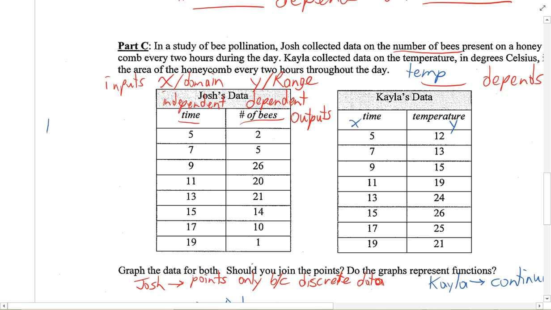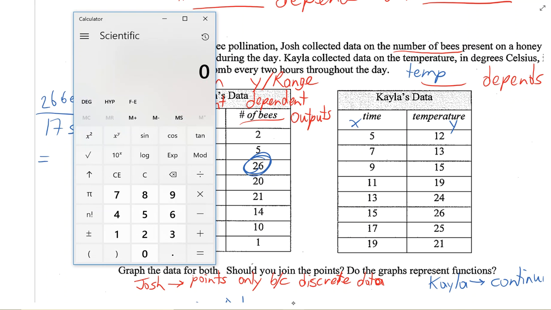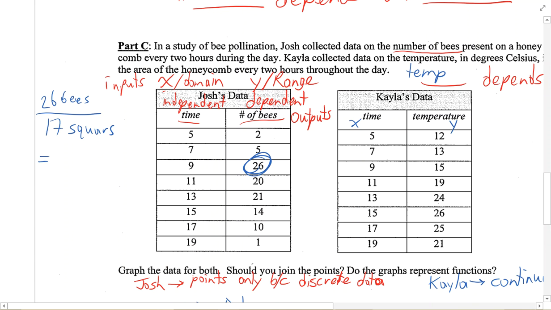And we have to look at the number of bees. The largest number is 26. So it would be 26 bees divided by the number of squares. That's going to equal how many bees should be in each square in order to make this work. So when we divide, we get 1.52 bees per square.